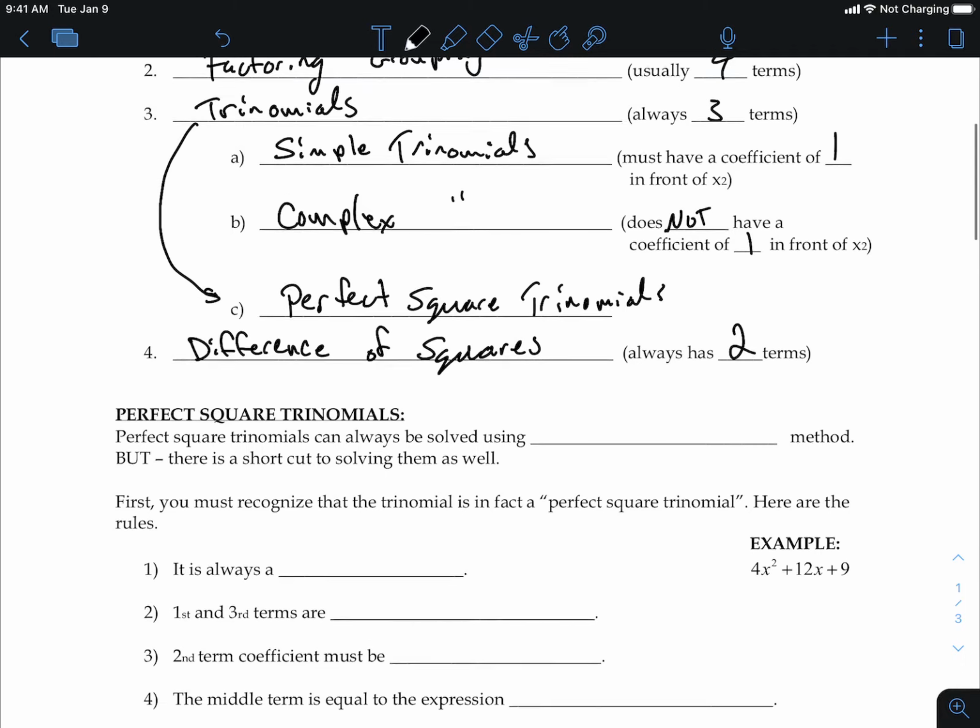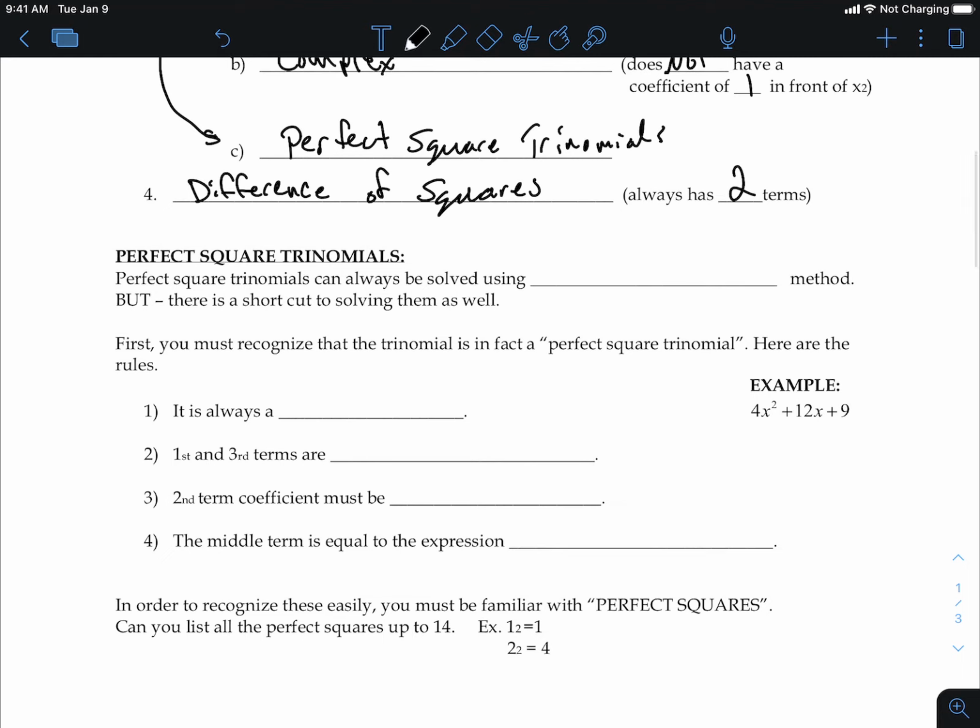So, perfect square trinomials can always be solved using the complex method, okay? Which basically means you can use decomposition, like what we saw yesterday, or you can use the table method, okay?